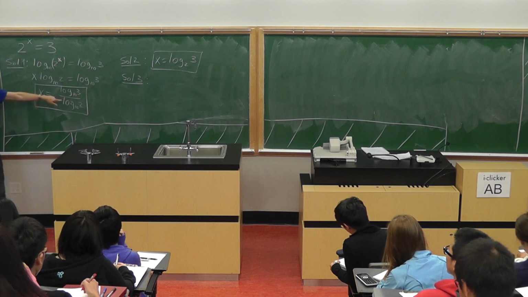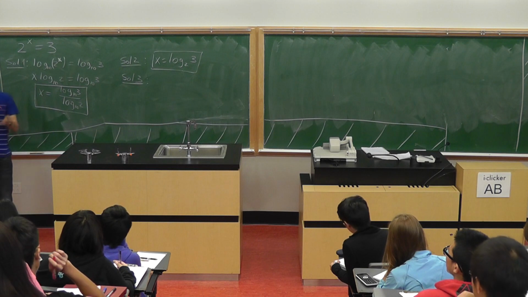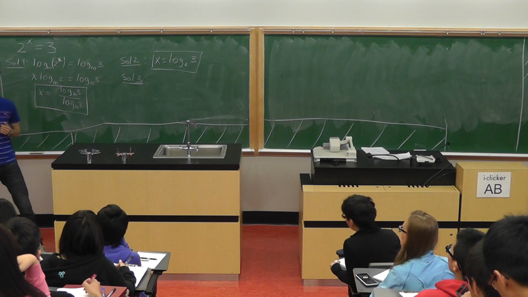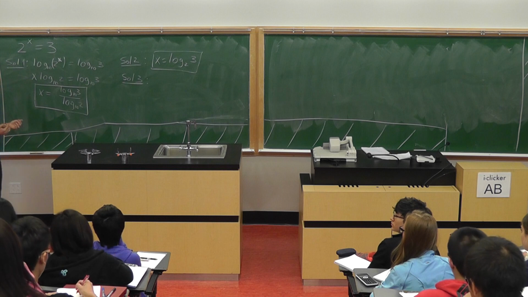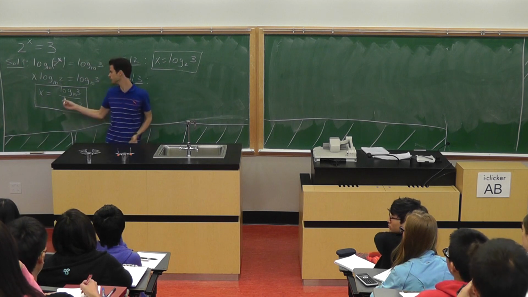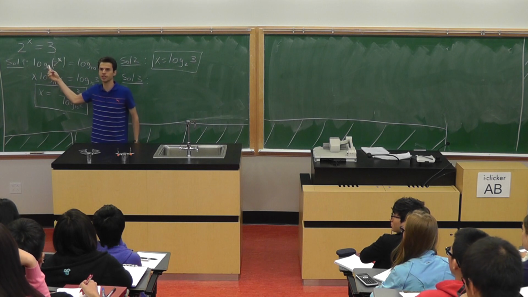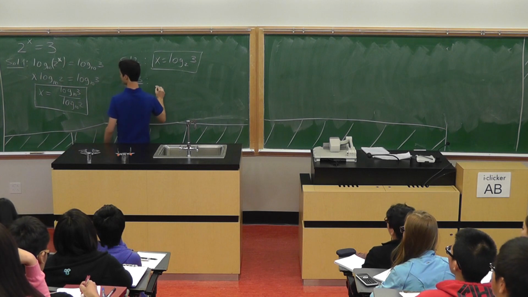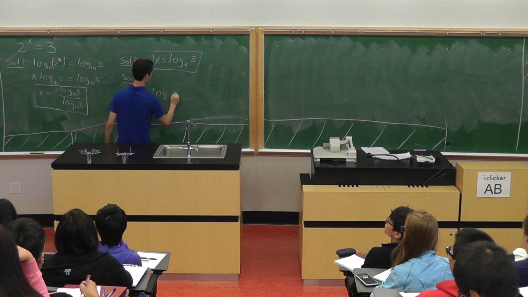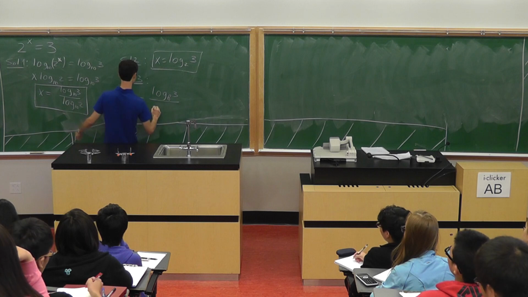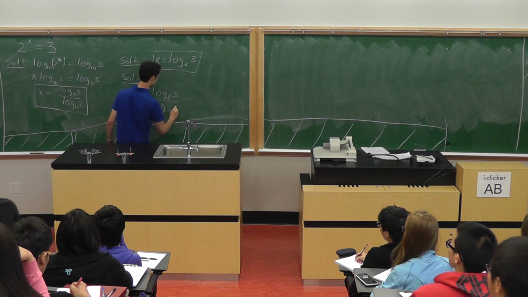What was so special about base 10 here? Basically nothing. It was somebody's favorite number. If I were to ask in this part of the room, maybe 7 was the favorite number of somebody. So it doesn't really matter what base I choose. I can replace 10 by any base b: x is logarithm of 3 to base b divided by logarithm of 2 to base b.